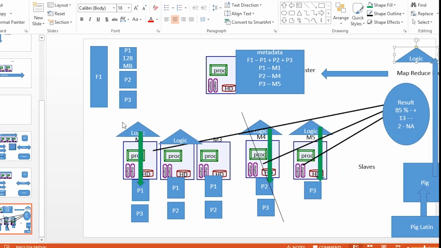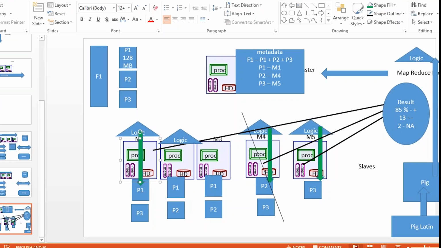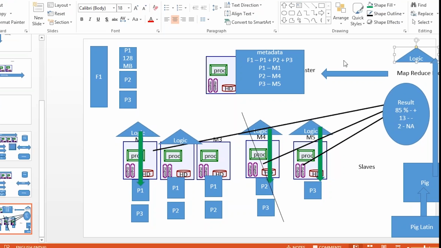A question from Sridhar: what if there is a dependency of data in files? On what basis will we distribute the dependent data? Data can exist in n different machines. Even if the dependent data is distributed across multiple machines, we will mention in the logic what the dependent data is and how it is dependent. The distribution will be handled by the framework.